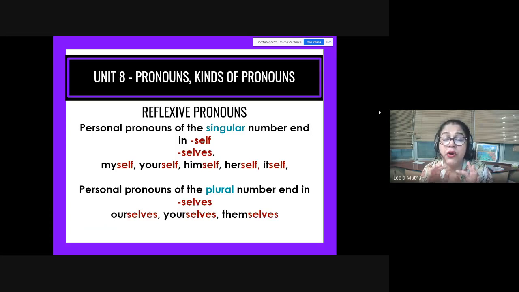This refers to all personal pronouns which are plural, to which you've added the suffix selves. You cannot say theirselves, the same way you cannot say ourself or themself, because them, our, all these are personal pronouns in the plural. So you have to use selves in this case.